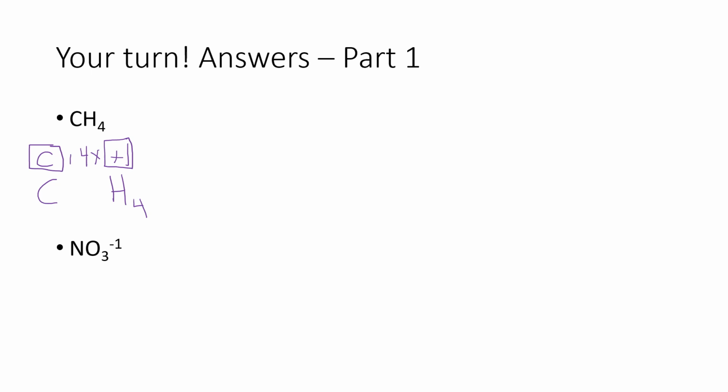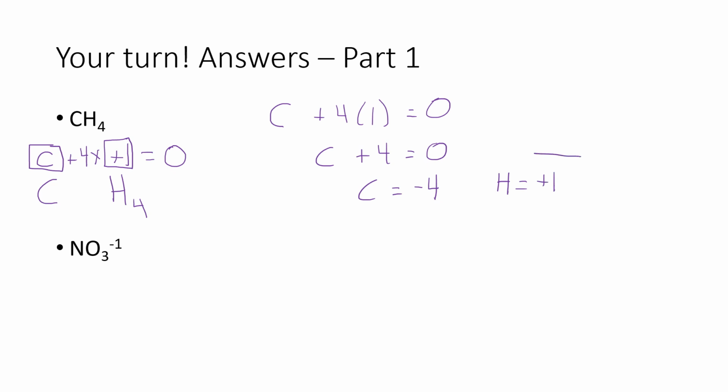And then we're going to add all of that up, and we should get 0 because it's a neutral compound. Cleaning that up just a little bit, we've got carbon plus 4 times 1 is equal to 0. So carbon plus 4 is equal to 0, or carbon is equal to -4. And then by rule, hydrogen was +1. All right, so we've got a -4 and a +1 for carbon and hydrogen.